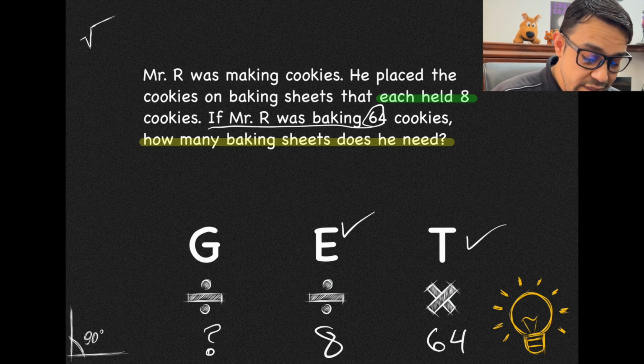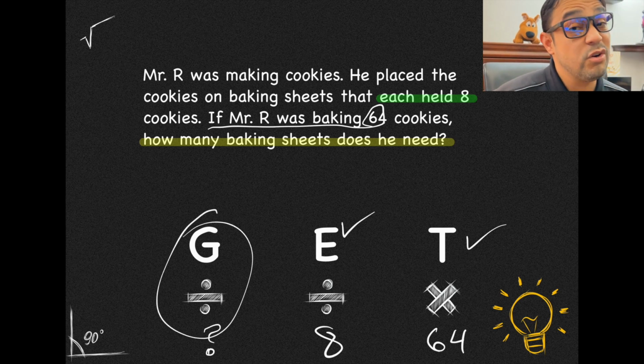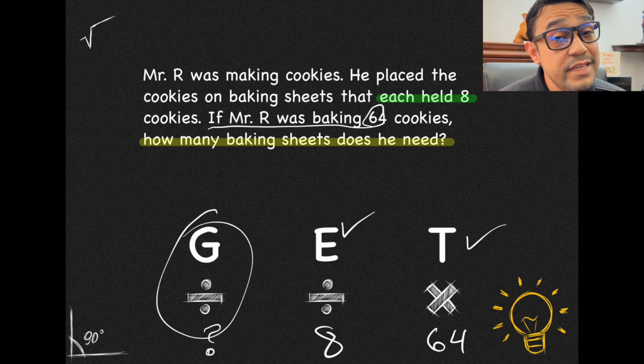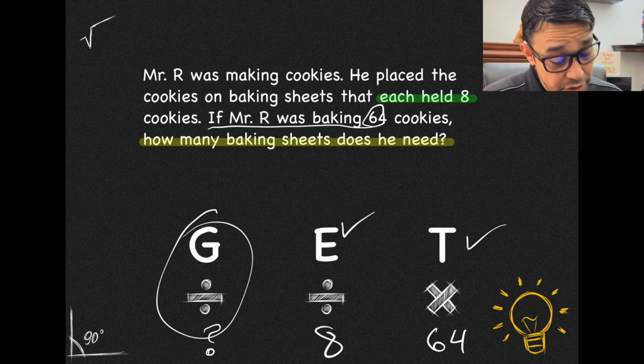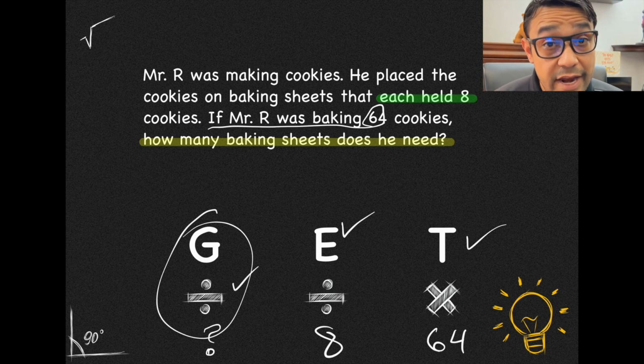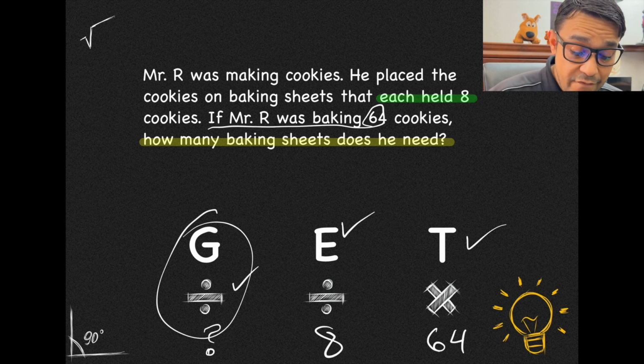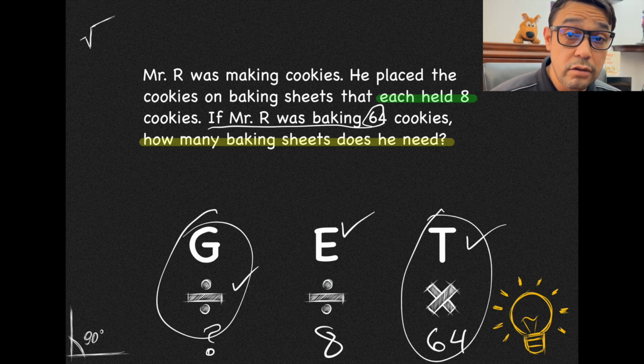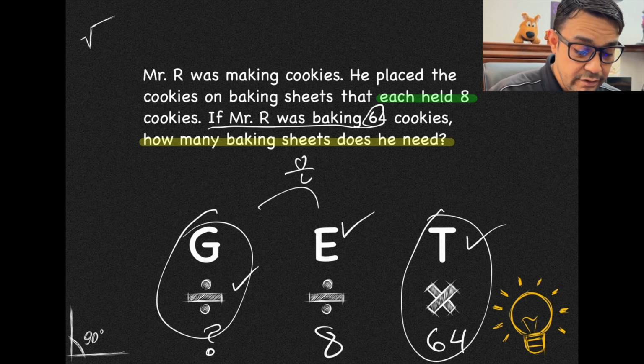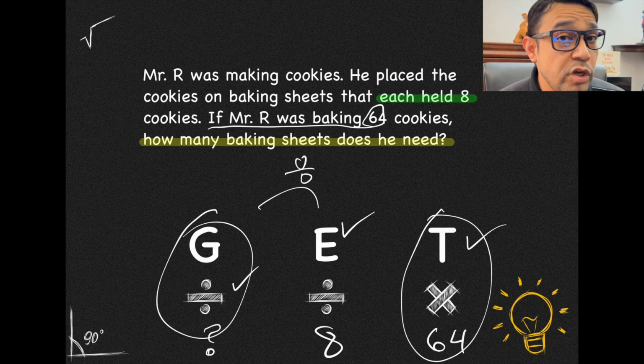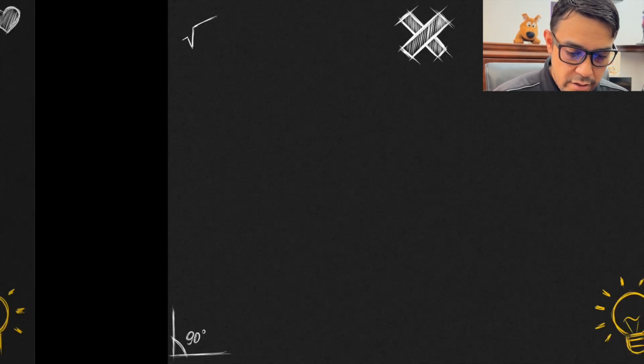Looks like the only thing missing is our groups. If the only thing missing is groups or the each, that means we're going to be dividing. If they ever give us the total, we're going to be dividing. Okie dokie, artichoke.